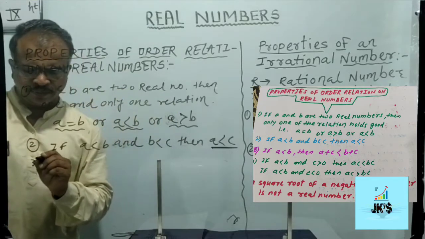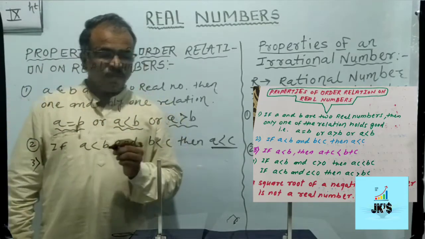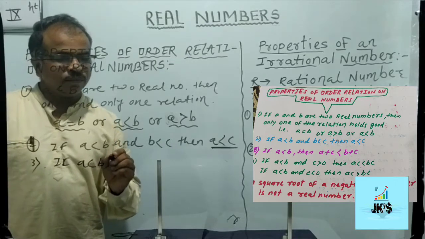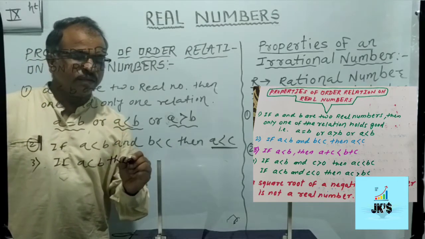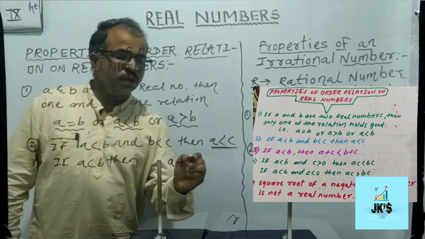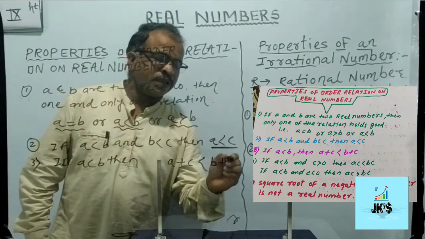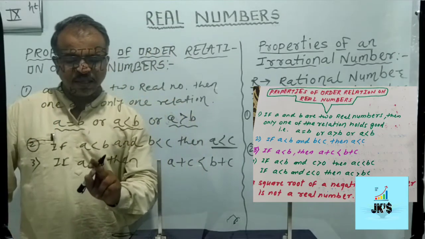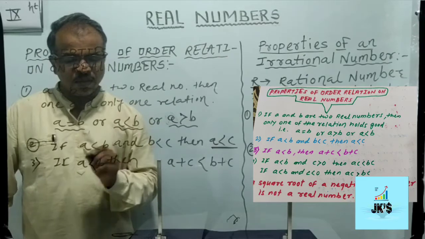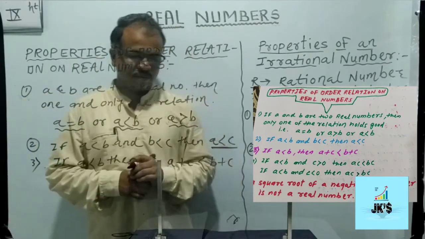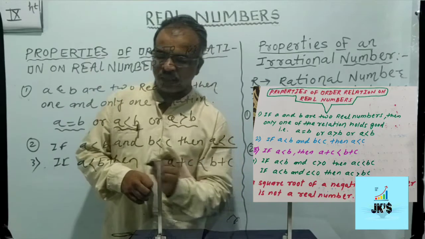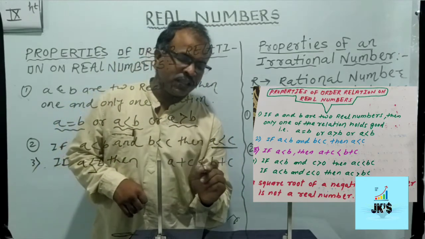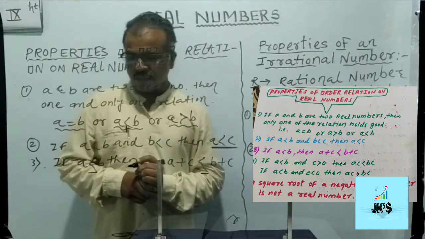Third property: if A is less than B, then A plus C is less than B plus C. When we add any number to both numbers, their relation remains the same.